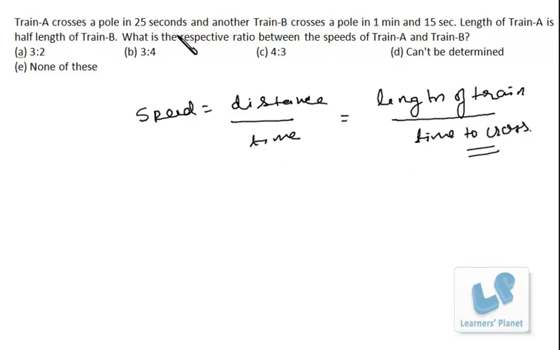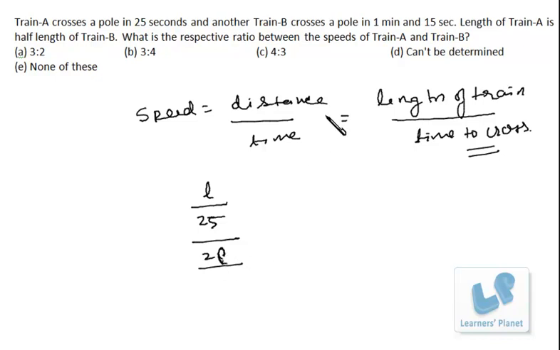Now in the first case, we have to find out the speed of train A and train B. In the first case, the distance, that is the length of the train, is not given to us. So I assume it to be L. What is the time? It's 25 seconds. And the ratio of A to B, we have to find out. Then train B, the length of the train is 2L, because length of train A is half of length B, so it's 2L.